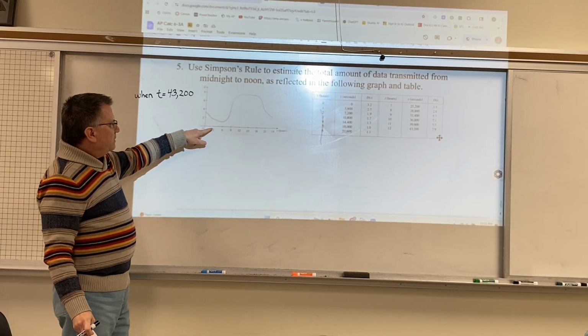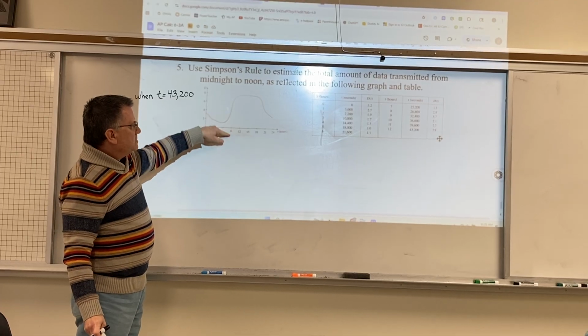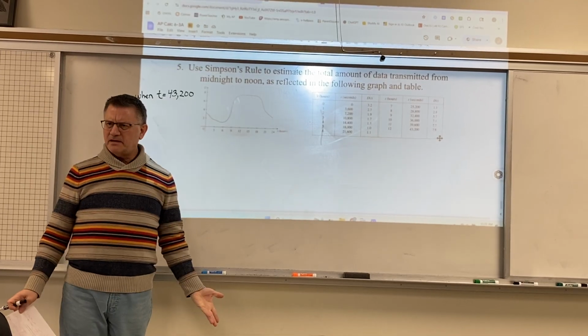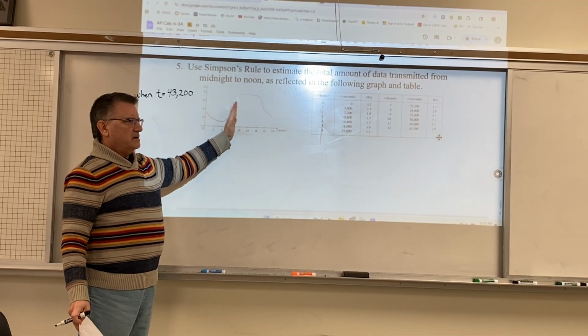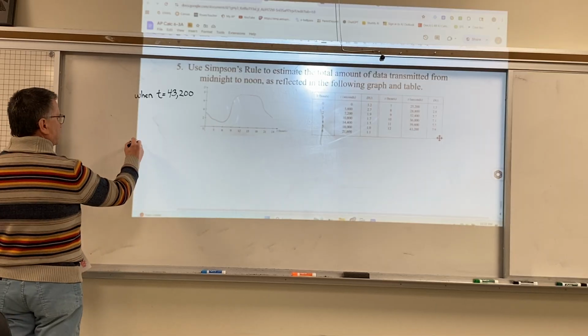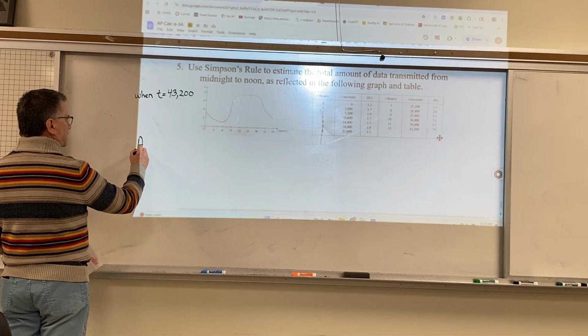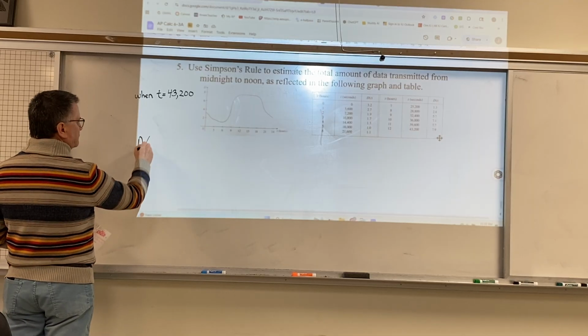Here it's not reporting a lot of data, but then it starts to report a lot of data. I think that's the area under the curve. All these heights, add them all up, total data. So I probably want to find the area up to 43,200.